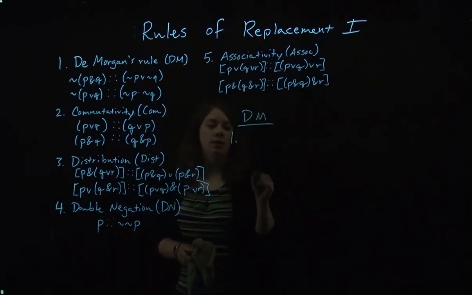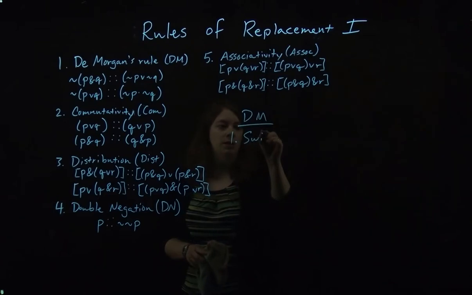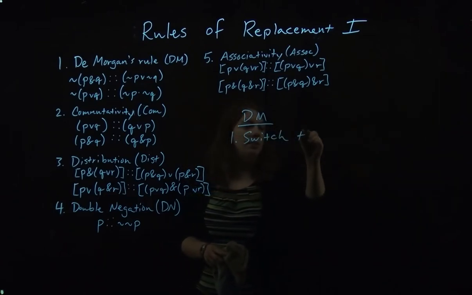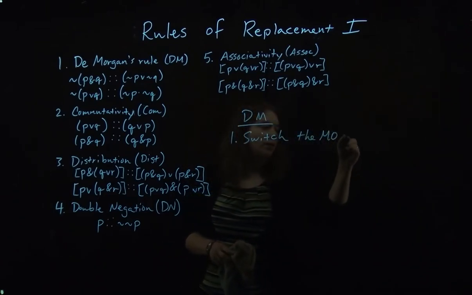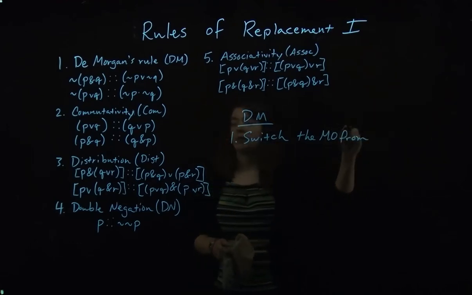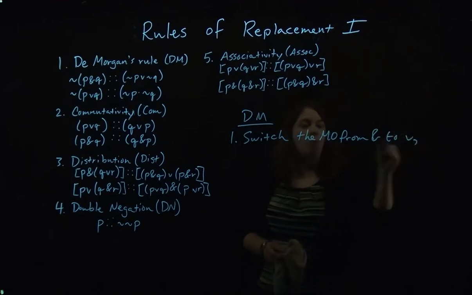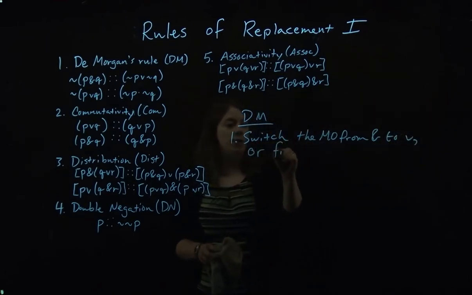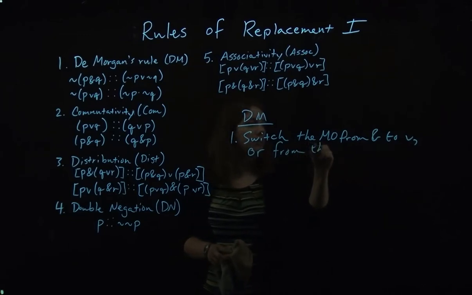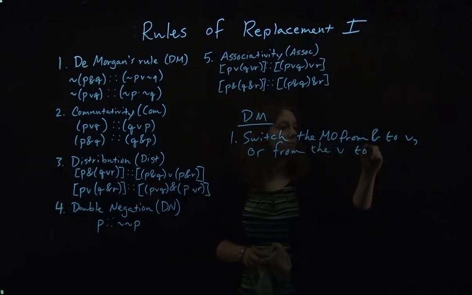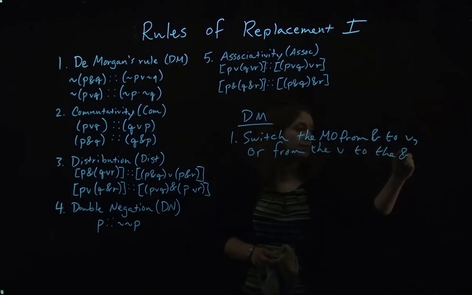So for DM, 1, you will switch the main operator from the ampersand to the wedge, or from the wedge to the ampersand.